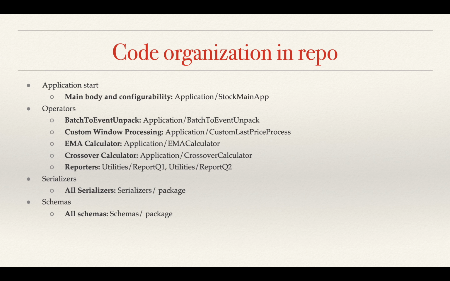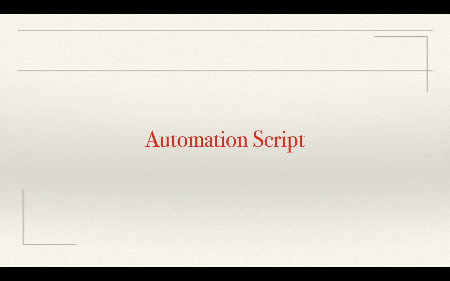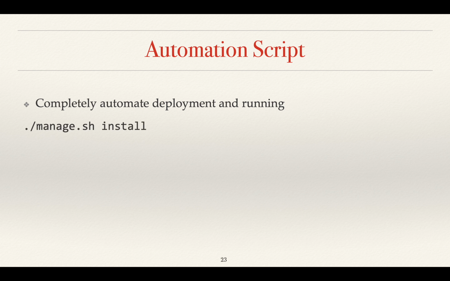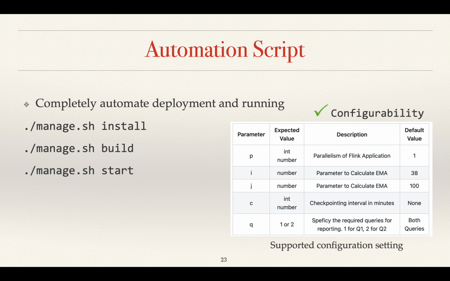And here we show the code organization in the repo. Our repository also includes an automation script that can be used in order to install the necessary software components, to build the application from source code, and finally run the analytics pipeline. The processing application can be configured using the following configuration settings.